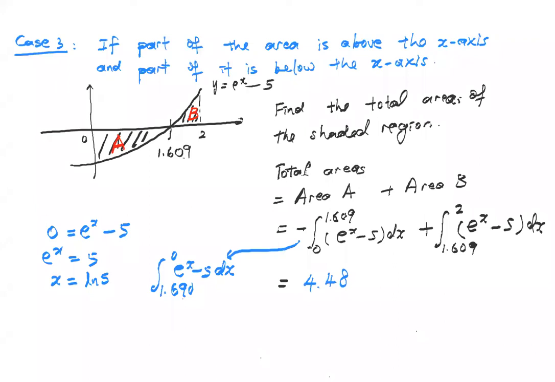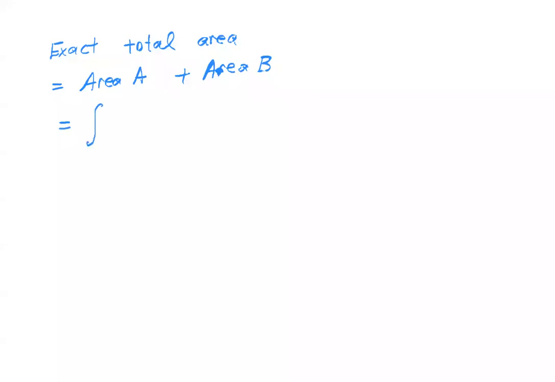I go to the next page. Exact total area. Okay, when it comes to exact total area for area A, correct? If anything, I need to calculate manually. For area A, I will prefer to write it like that.